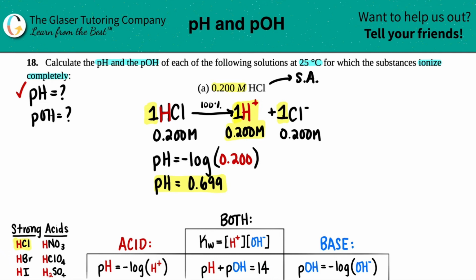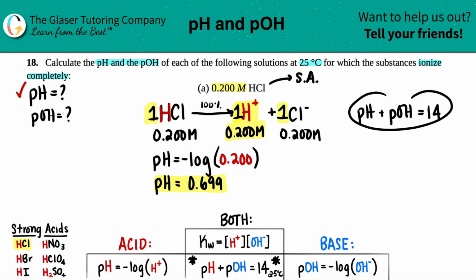The only catch here is that you can only use this equation if you're at 25 degrees Celsius. So since we're at 25 degrees Celsius, we can use this equation. If you're not at 25 degrees Celsius and they give you a random Kw value, this goes out the window. So we're just going to say pH plus pOH equals 14.